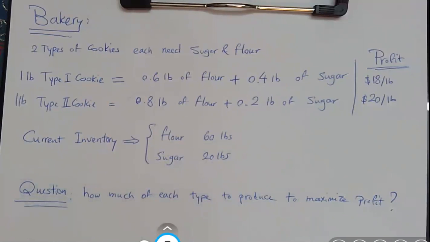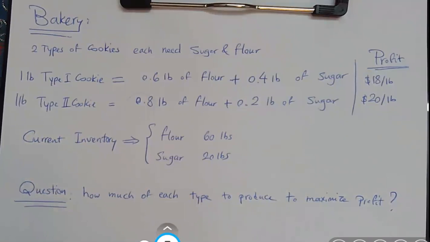I just want to show you how simple and how powerful linear optimization can be in helping us make better managerial decisions at the end of the day. So imagine we have two types of cookies in one bakery, and I'm just going to simplify the question.